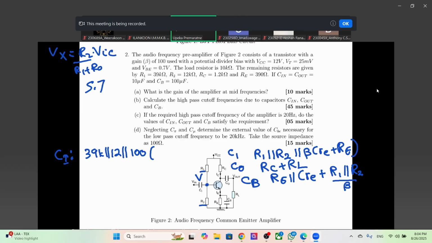So Vx will be 2.8 volts, and then Vx will equal VBE plus R_E times IE. 2.8 equals 0.7 plus 390 times IE. And from this, we can find IE.